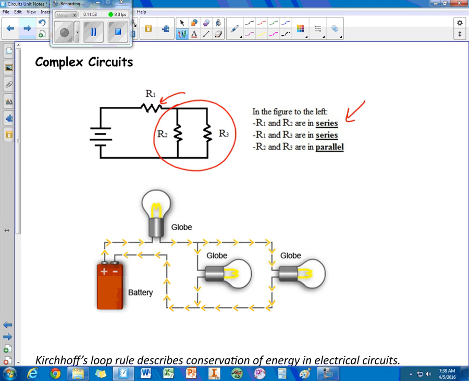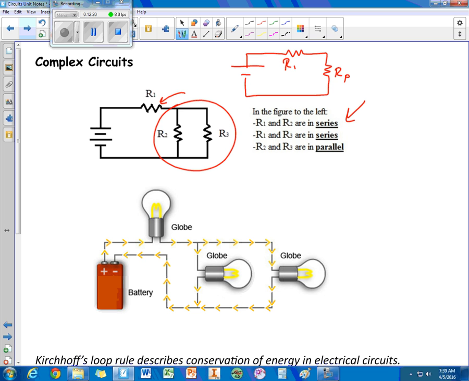So I can kind of think of this as something like this, where I have my resistor R1. I'll call that resistor RP for the R2 and R3. And we can go through and work out all the math for all of that.